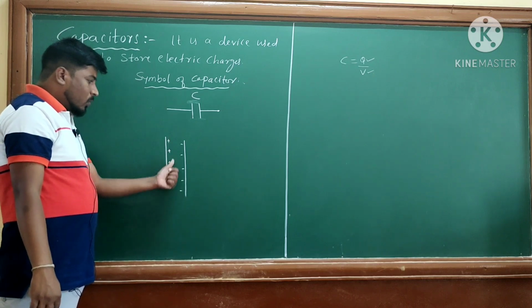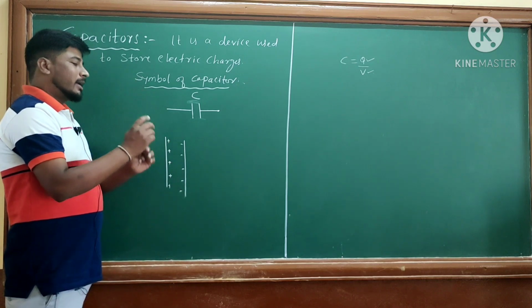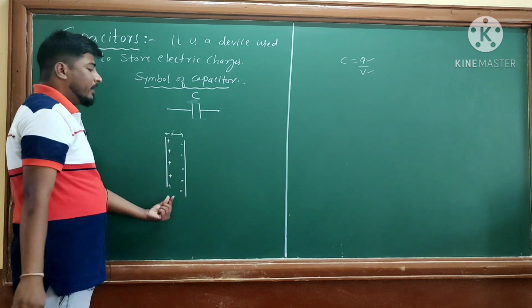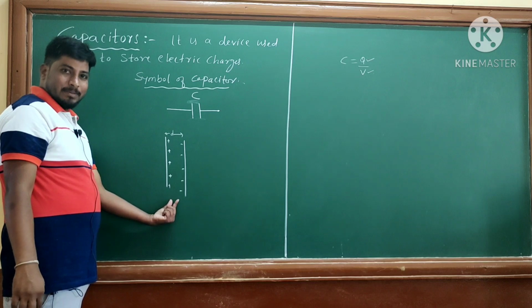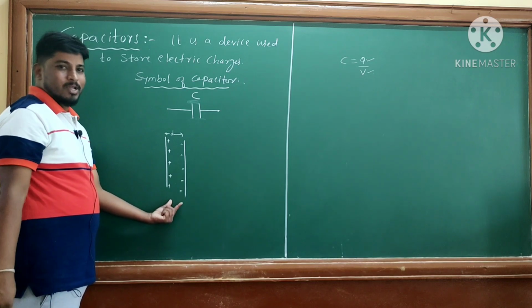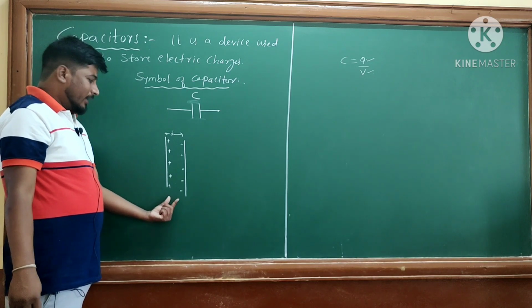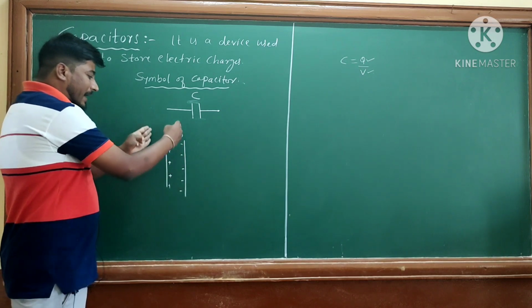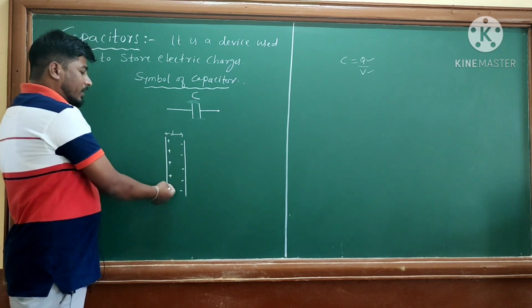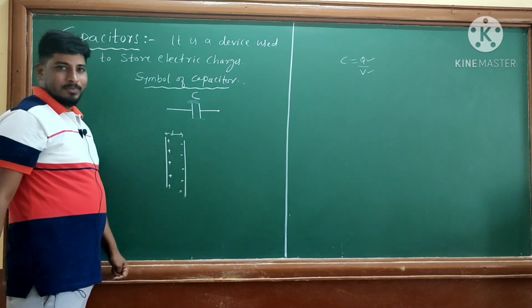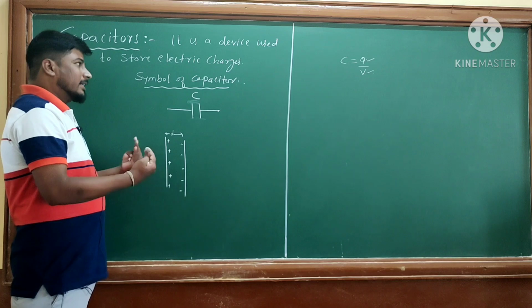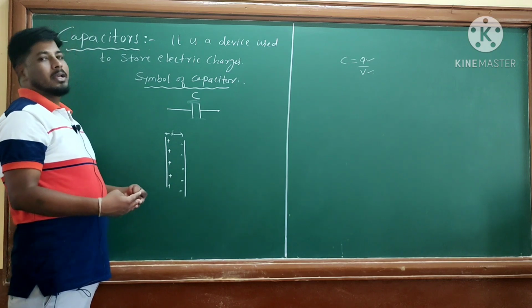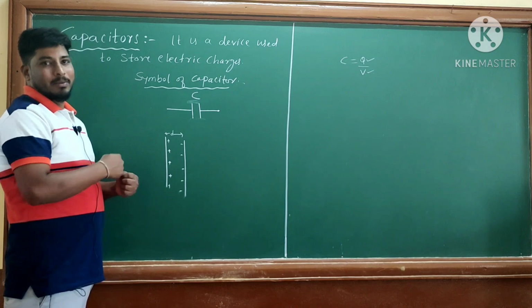So there are two parallel conductors separated by a small distance d, with or without a medium. And in the separation between these two parallel plates of the conductor, there is an electric field. How this electric field is stored in the capacitor, I will explain now with the help of a diagram.